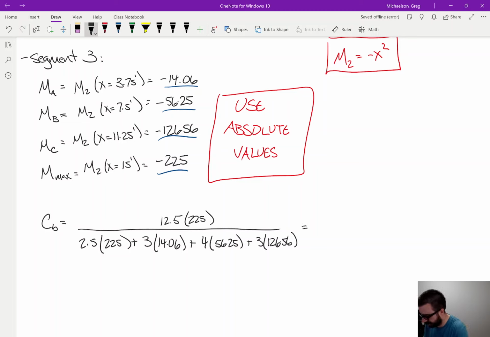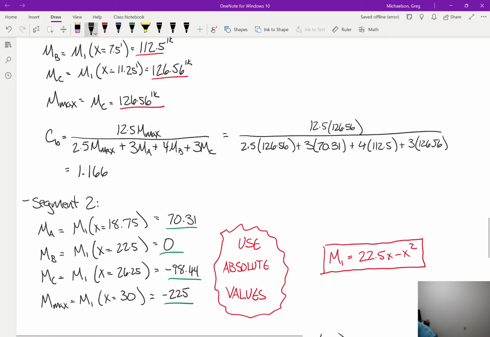Okay, so when I chug this out, I get 2.326. Okay, and so there you go.